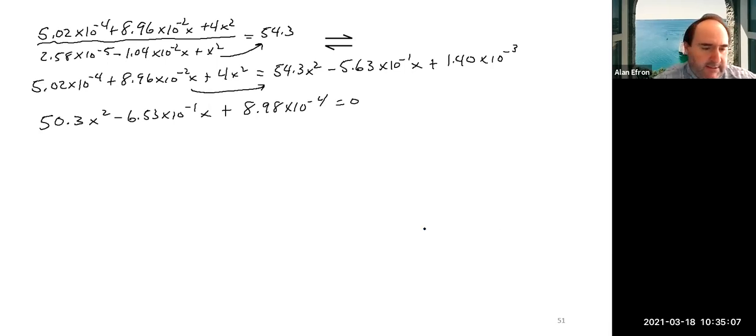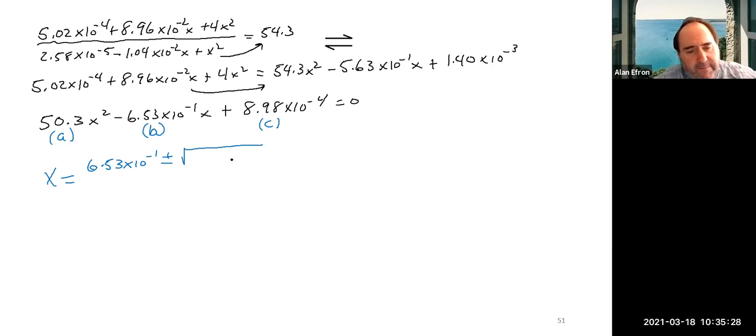All right, well, this is now going to be our A value there. That's going to be our B value. That would be our C value. So going into our quadratic, x is going to equal, again, minus B. So in this case, that would be 6.53 times 10 to the minus 1, plus or minus the square root of our B squared minus 4AC.